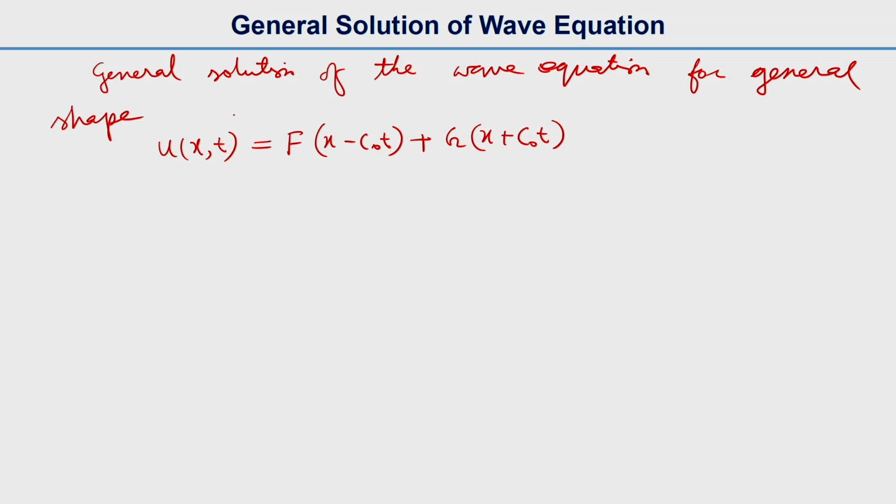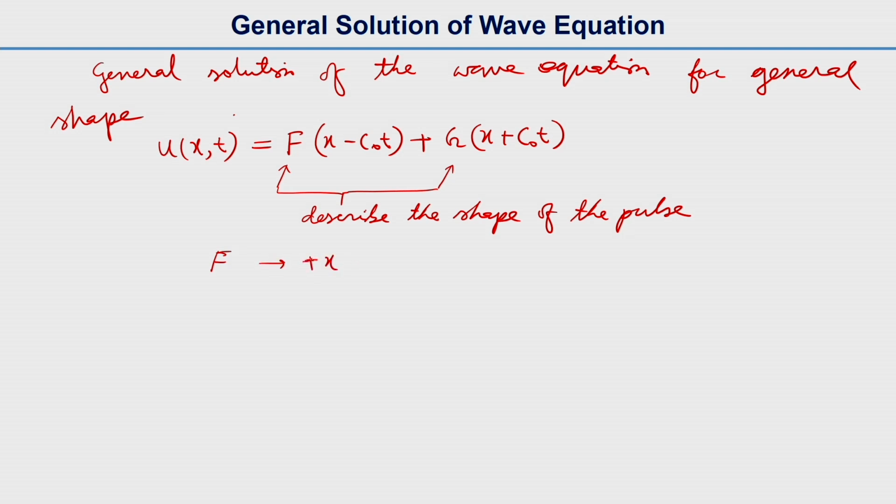The physical meaning of this equation is that functions f and z describe the shape of the wave or pulse, f in the positive x direction and z in the negative x direction.